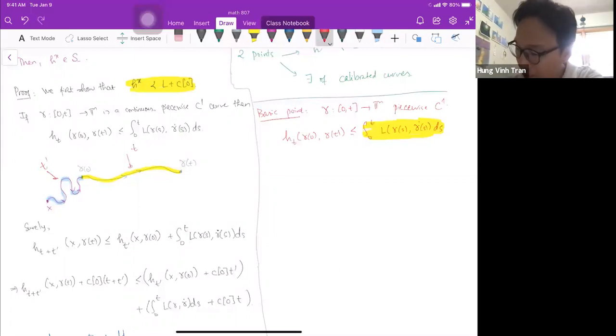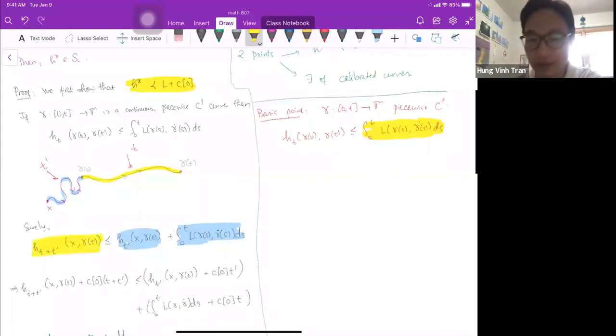Then it is clear that going from x to gamma 0 in t prime amount of time, then going from gamma 0 to gamma t, is always greater than or equal to going directly from x to gamma t. It's the same trick about the triangle inequality that we are using.